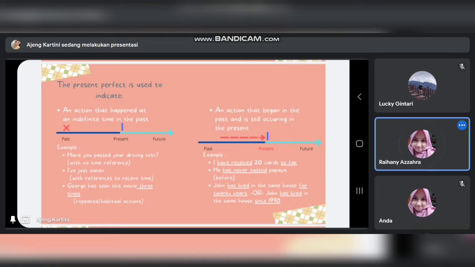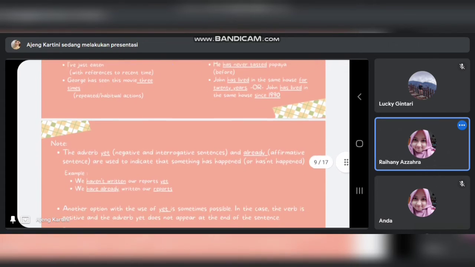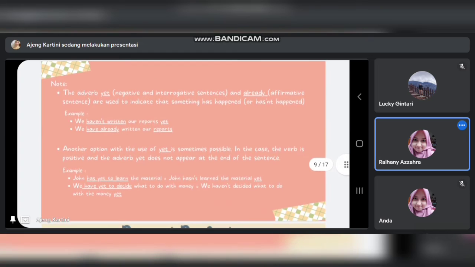Next, there are some notes for present perfect. First, the adverb yet is used in negative and interrogative sentences, and already is used in affirmative sentences.